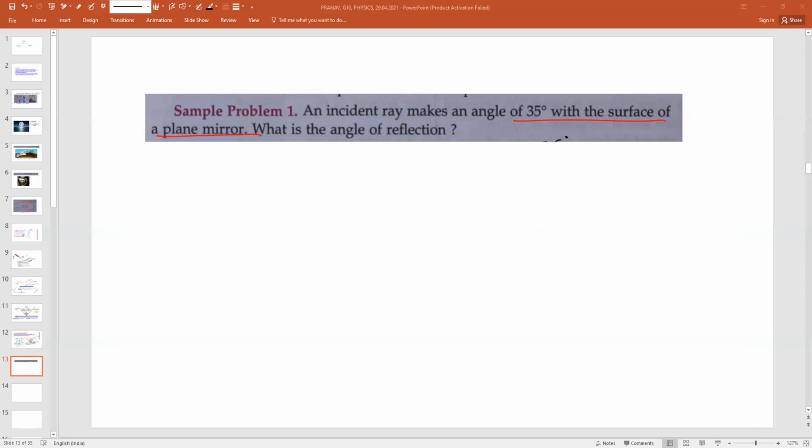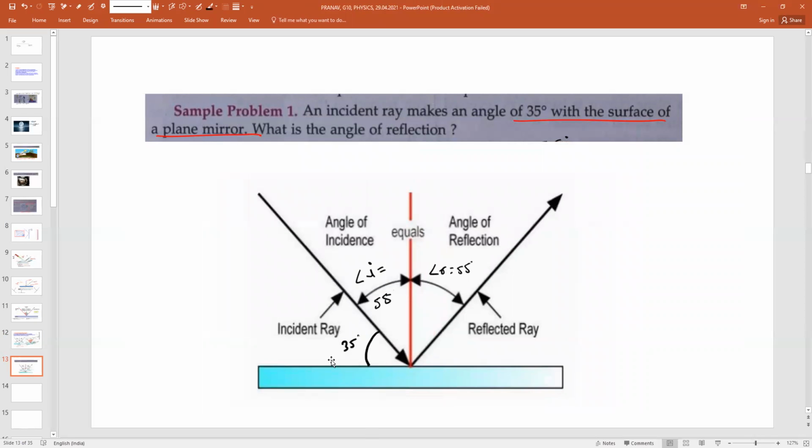It's 55 degrees. Yes, you're right. Perfect. Well done. I will show you your answer. You can see 35 is this, so this will be the 55, right?